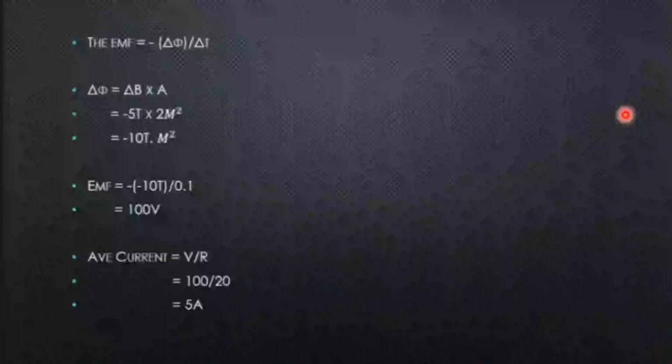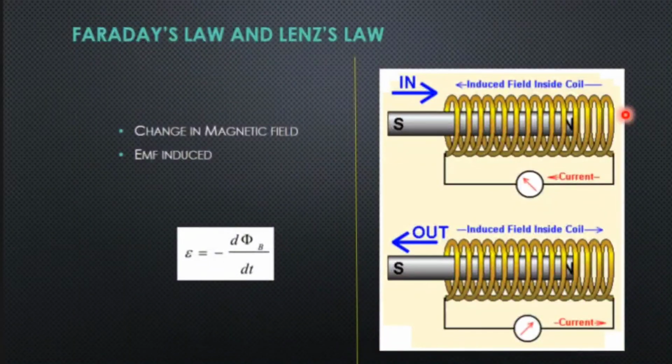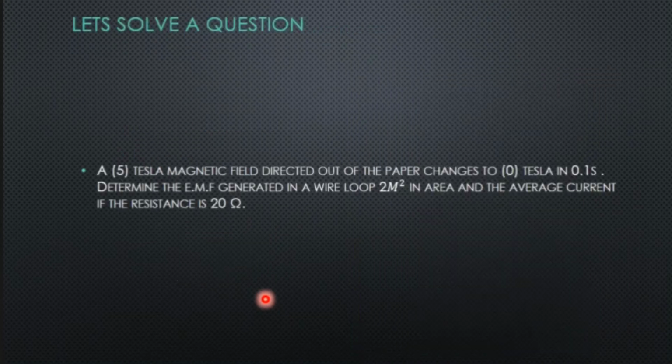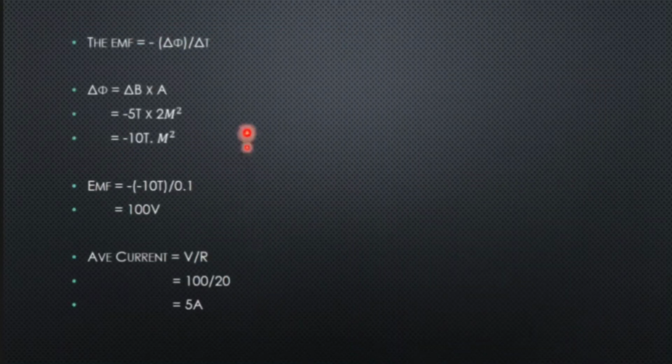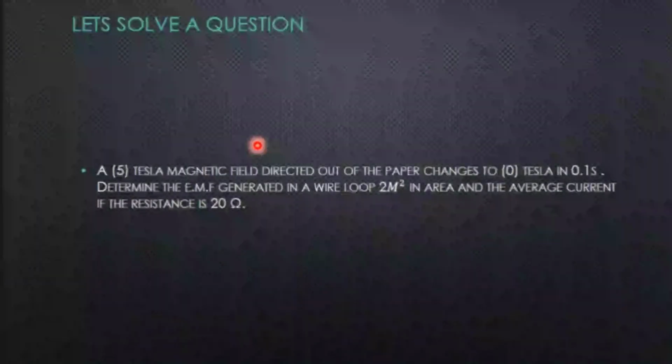Okay, so now we will use the formula I've given here. The EMF is equal to minus the change in magnetic flux divided by the change in time. According to the question, they have not given us magnetic flux, but they have given us the magnetic field and the area.